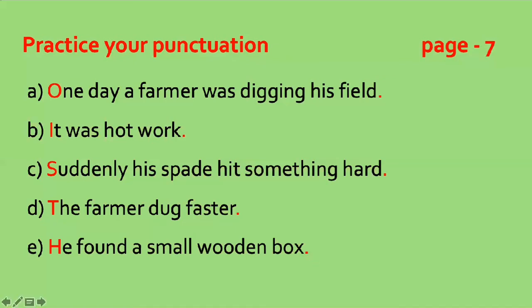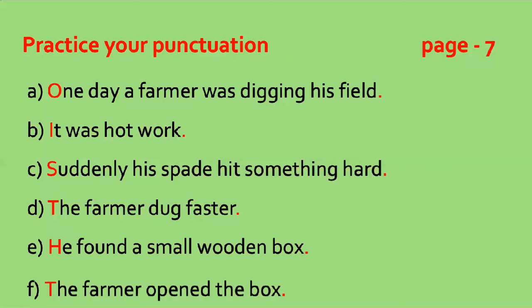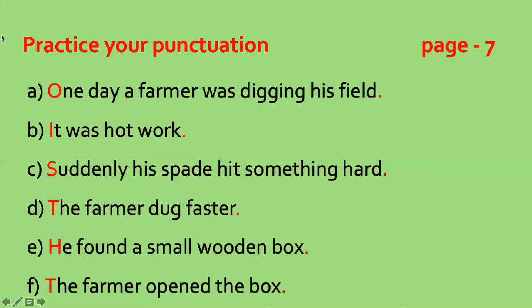So make the H capital and put a full stop at the end. Now moving towards the last sentence, the farmer opened the box. Here again, we'll make the T capital and put a full stop at the end. I hope you all have done this exercise with me in your book.